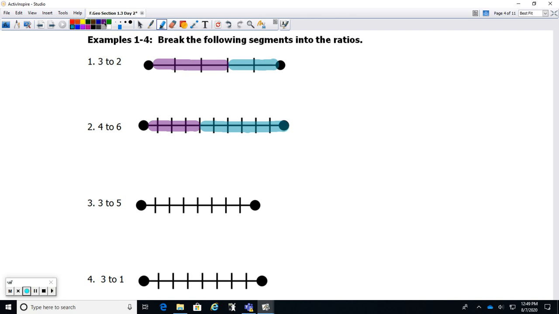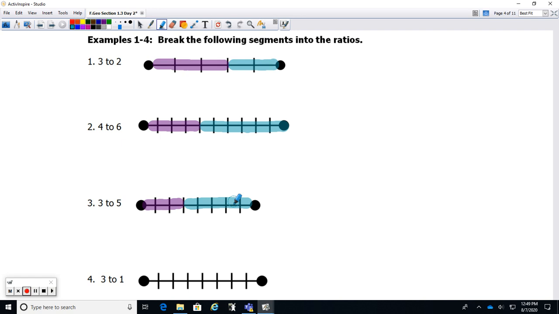The next one has 3 to 5. So I can go 1, 2, 3, and then the 5 remaining will be that color. And again, if you notice, when we add these 3 to 5 up, you get a total of 8 parts: 1, 2, 3, 4, 5, 6, 7, 8 there.